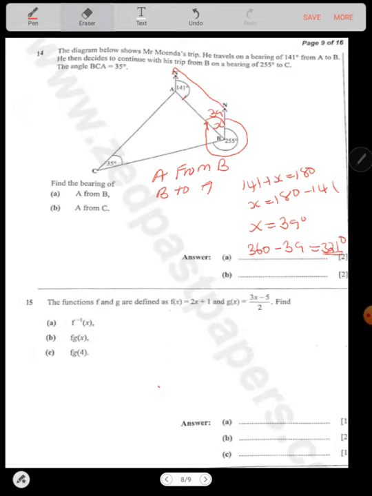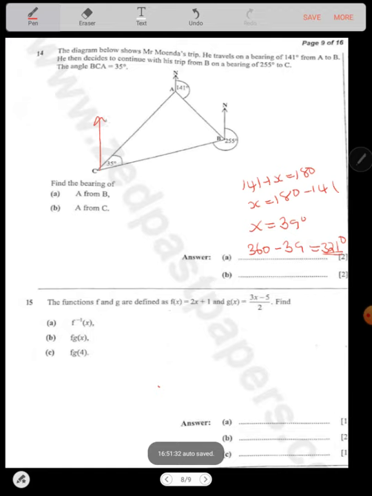Then it further says find the bearing of A from C. So A from C. Since we're starting from C, we draw our North Pole there. And what we're looking for is this. Now this is a parallelogram. Look at it.